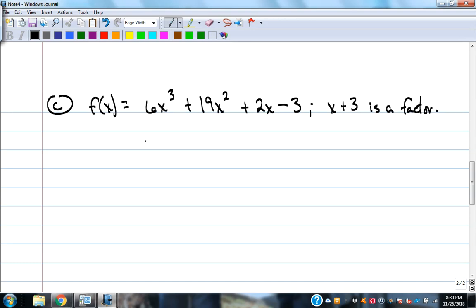So set it up. 6, 19, 2, and negative 3. What goes on the shelf? Negative 3. So all this information so far has been given to us. We've just got to put it to work with synthetic division. So what are we doing first?